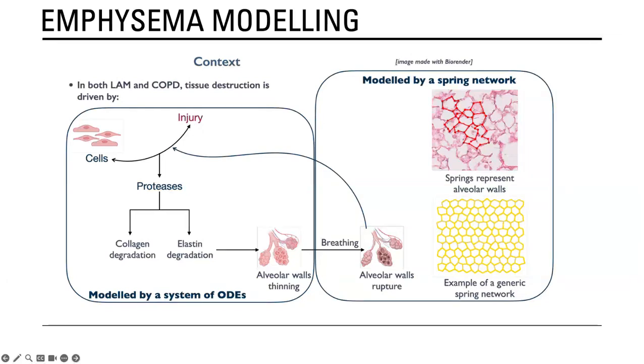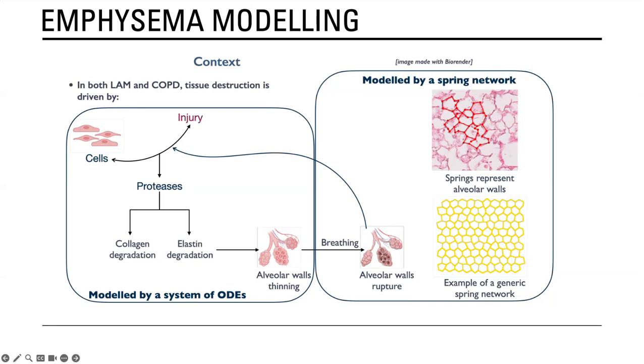There's lots going on here, but we wanted to ask the question, given some injury that happens as a result of smoke, or in another disease called LAM, lymphangioleiomyomatosis, where you get injury not through environmental exposure but through certain mutations.